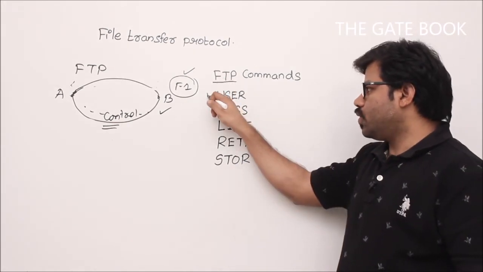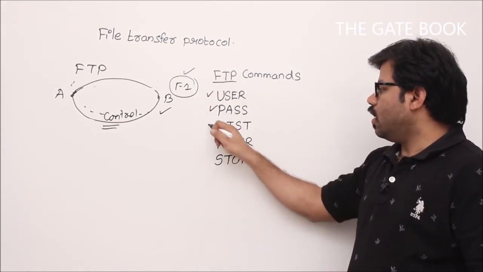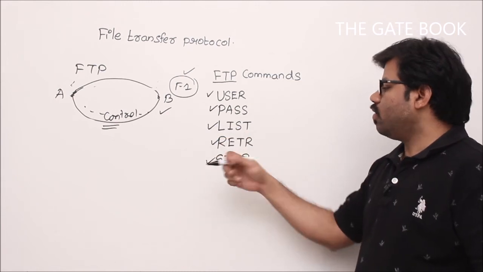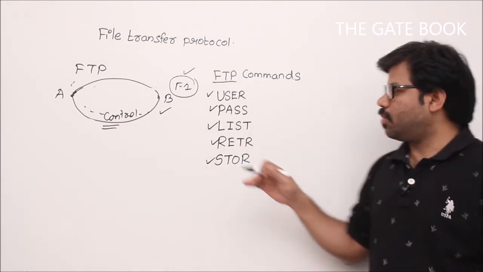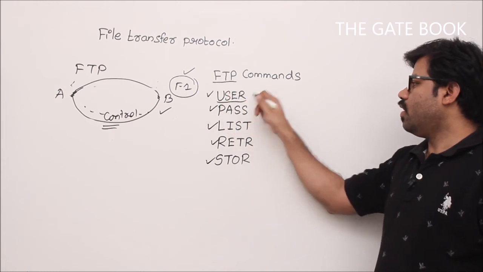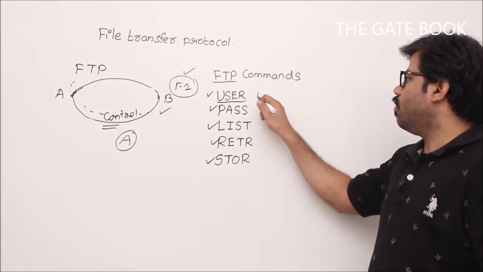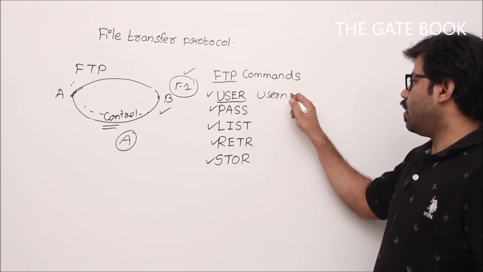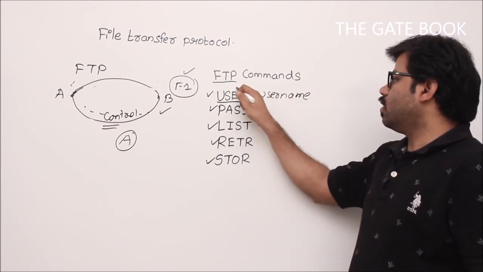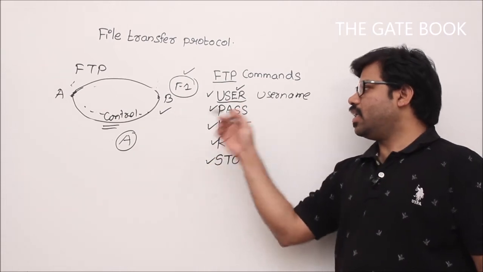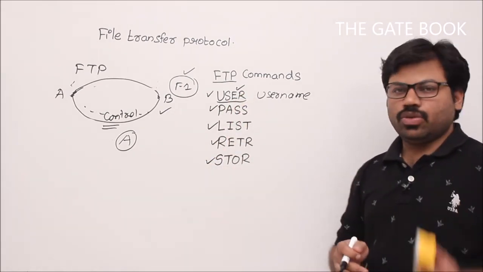So we use user, pass, list, retrieve, store. Easily, these are all self-explanatory, I can say. Whenever a host sends this user command followed by a username, the receiver will understand that the sender is sending user information. What is the username?